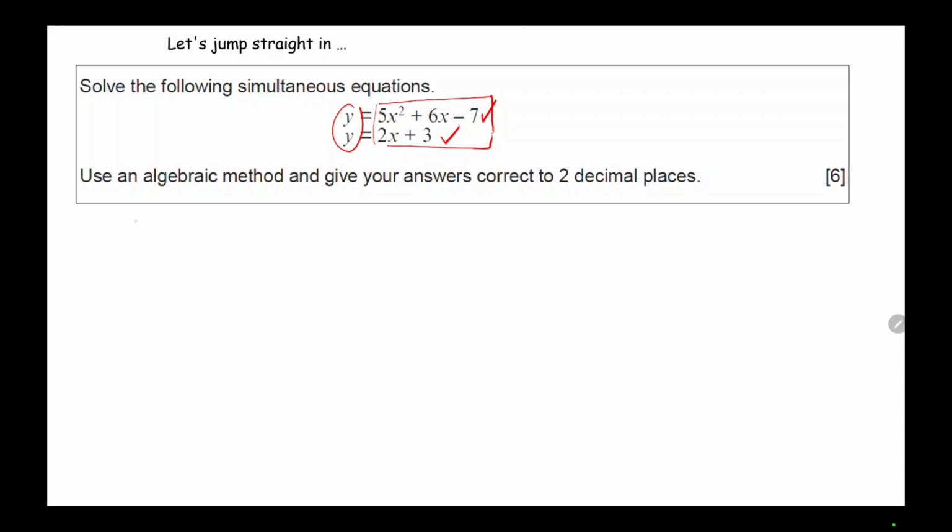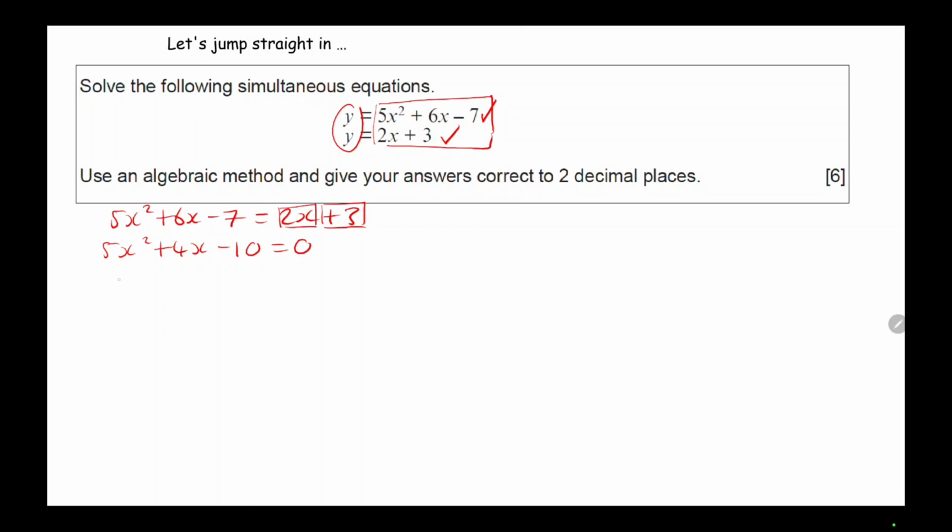So step one is to put these two functions equal to each other: 5x squared plus 6x minus 7 is equal to 2x plus 3. Then to get it in the form quadratic equal to 0, we take the 2x and the 3 off the right hand side. That gives us 5x squared plus 4x minus 10 is equal to 0.